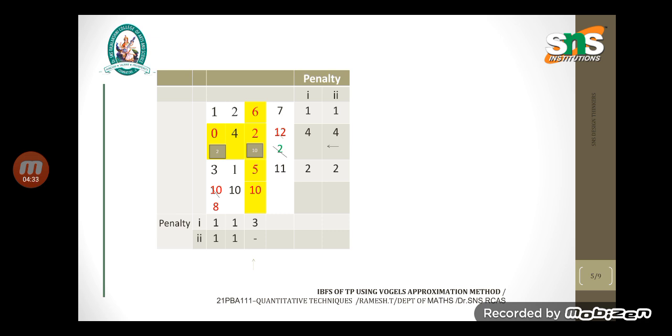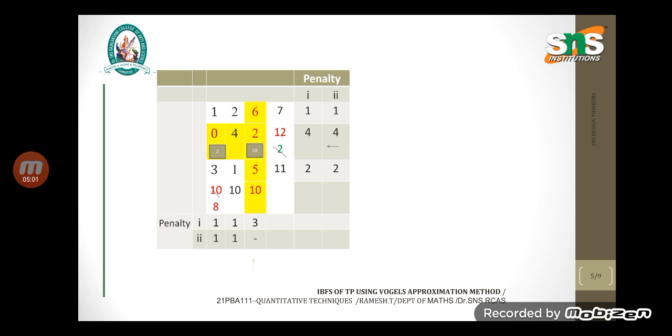On the column penalty side, the differences are 1, 1 and 3. The maximum penalty among the row and column penalties is 4.